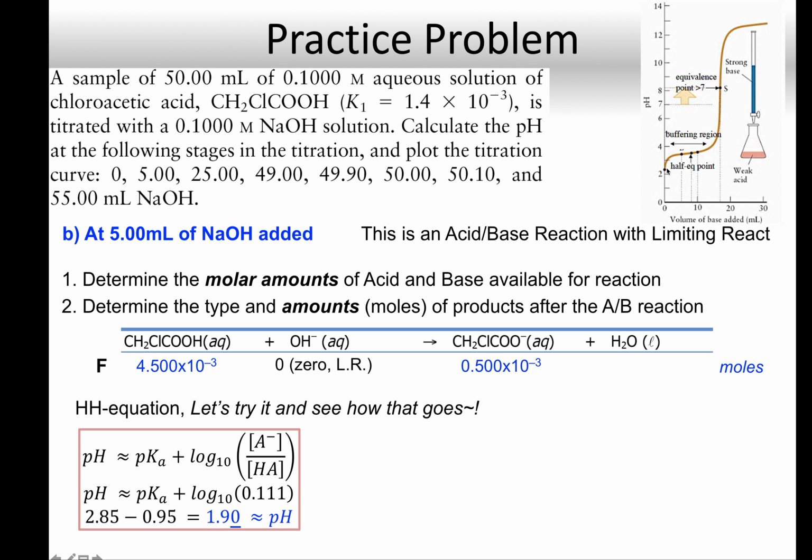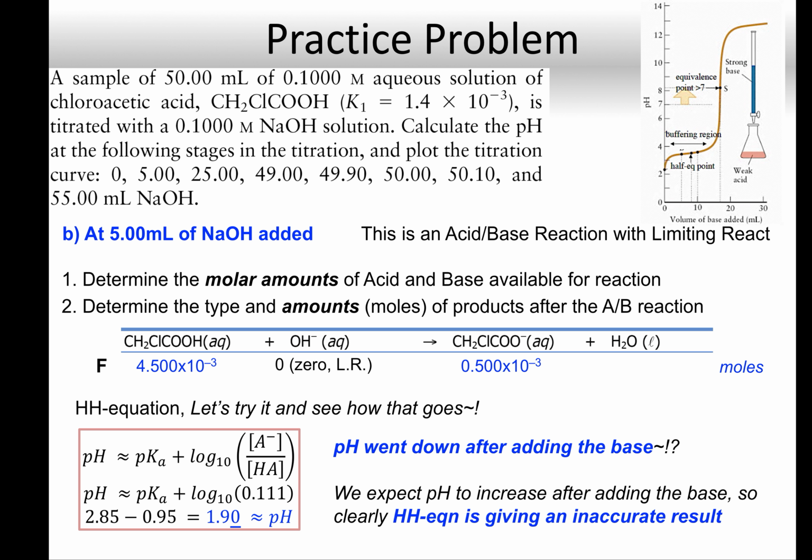So the first point here was roughly 2 because it was 1.95, but now what I'm saying is that the pH actually decreased after I added the base. That doesn't make any sense. If I'm adding some base, then the pH should increase. The pH should go up as I am putting more base, the titrant, into my weak acid in the flask.